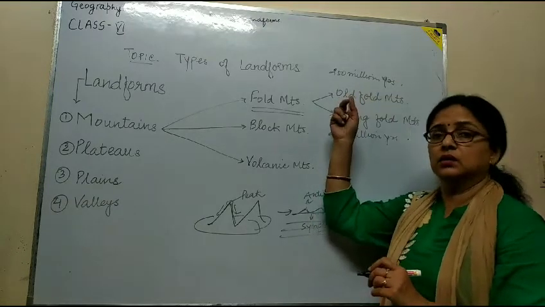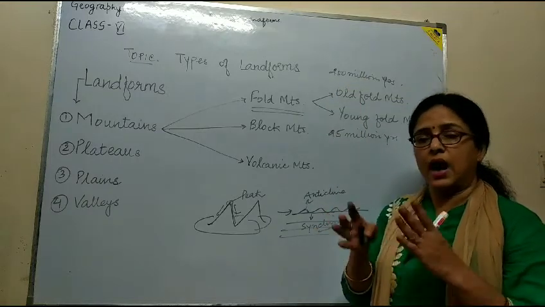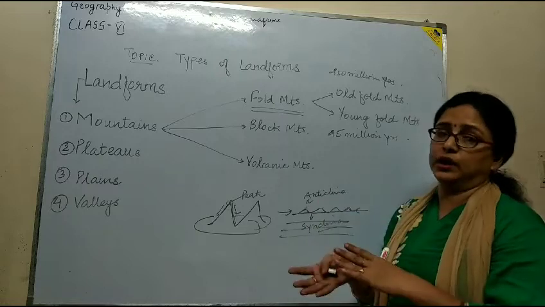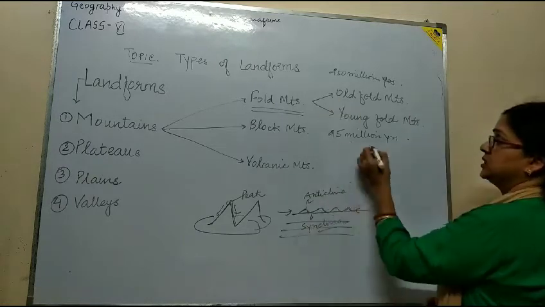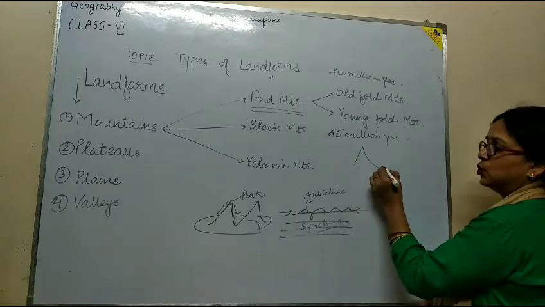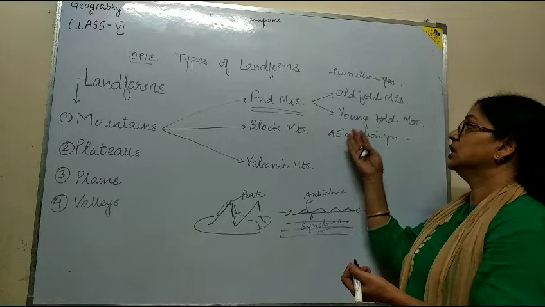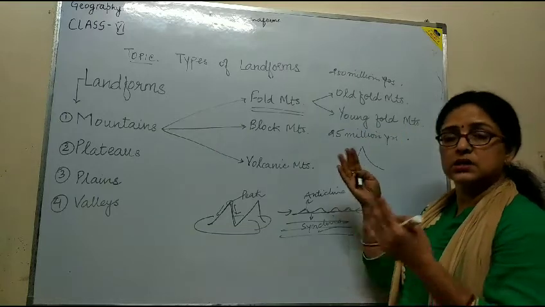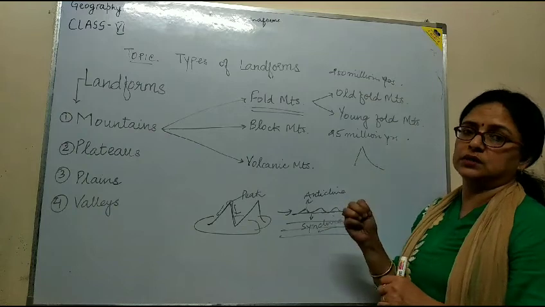Old fold mountains have a gentle slope with a low altitude, whereas young fold mountains are steeper and higher than the old fold mountains.